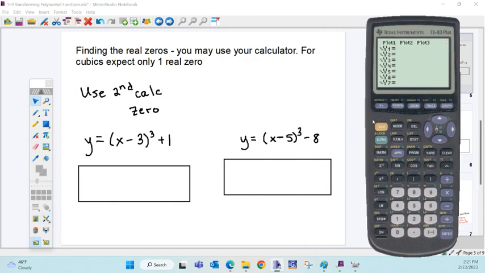Okay, since we were doing the thing with the plots on, please make sure that all your plots are off for this part. Some of yours may have plots on, and you need to make sure that they are off.